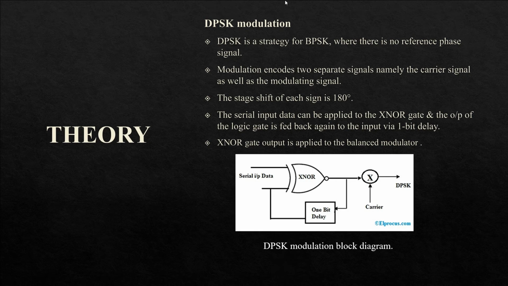The serial input data is applied to the XNOR gate, and the output of the logic gate is fed back again to the input via a 1 bit delay. The XNOR gate output is applied to the balanced modulator. So this is the DPSK modulation block diagram: serial input data, XNOR gate, 1 bit delay, carrier, and DPSK.